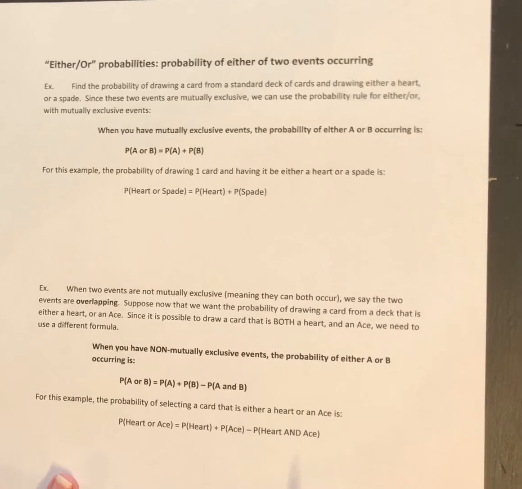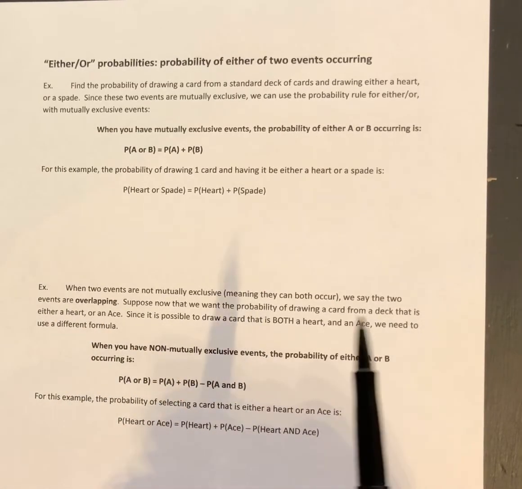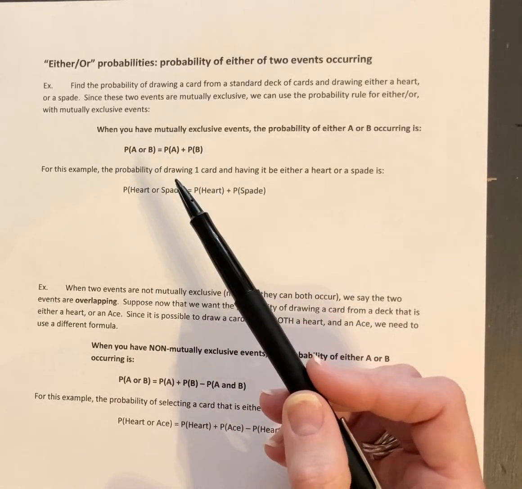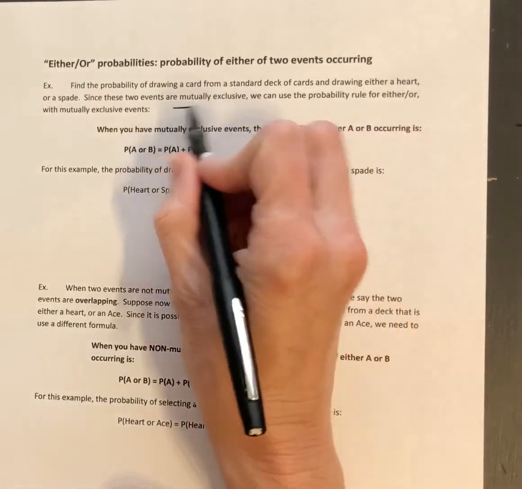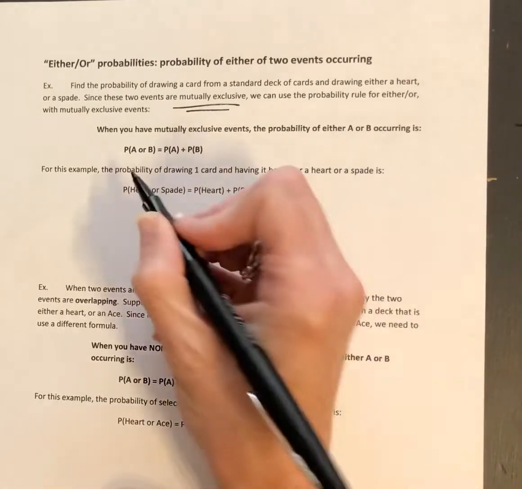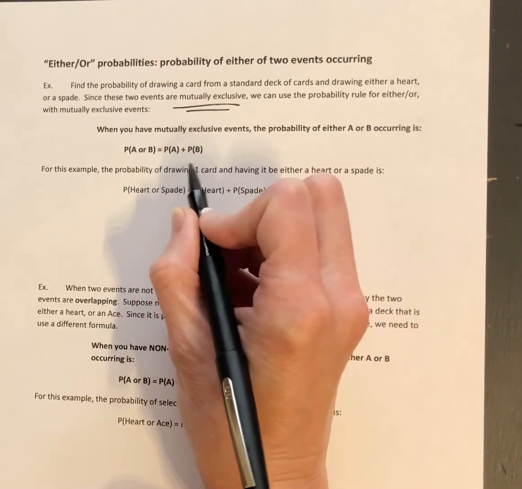Again, these are examples of what we call "or" probabilities. We want the probability of either one thing occurring or the other or both. Here we're asked to find the probability of drawing a card from a standard deck of cards and drawing either a heart or a spade. That's the case we just looked at. Since these two events are mutually exclusive, meaning that they cannot both occur together, the probability of A or B is just going to be the sum of the two probabilities.